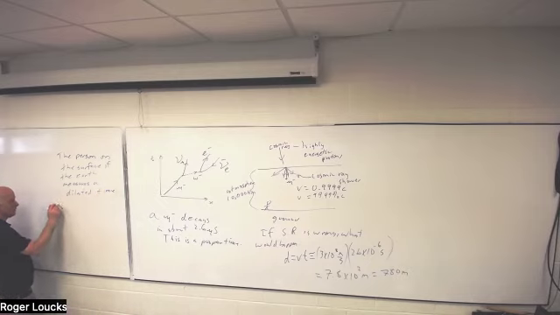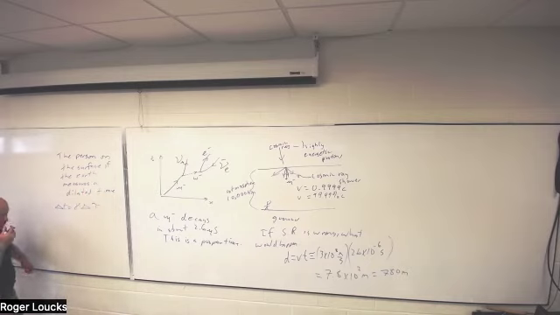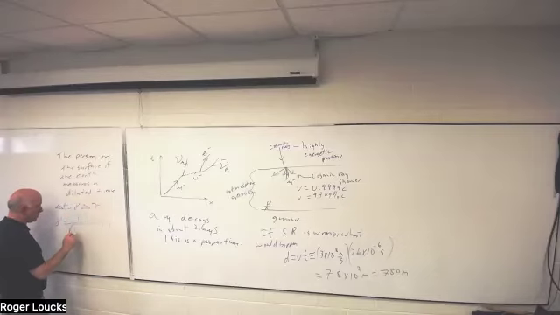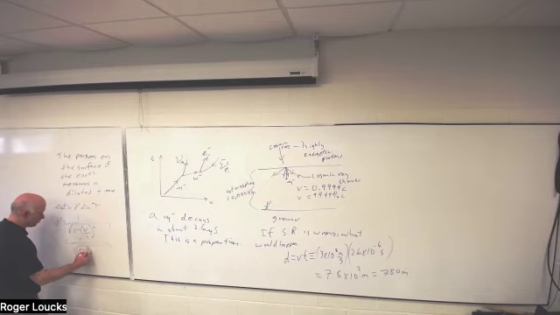So you have to have delta t equals gamma delta tau. And our gamma would be 1 over the square root of 1 minus v over c, quantity squared, or 1 over the square root of 1 minus 0.9999 c over c, quantity squared.